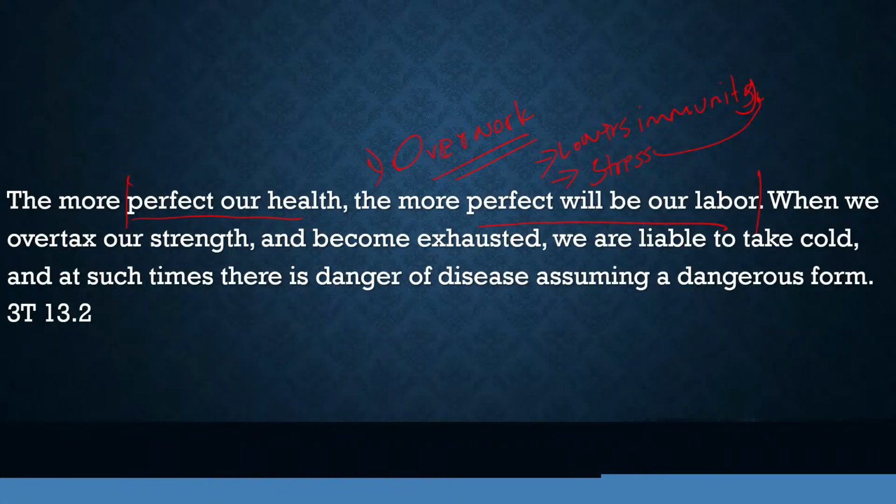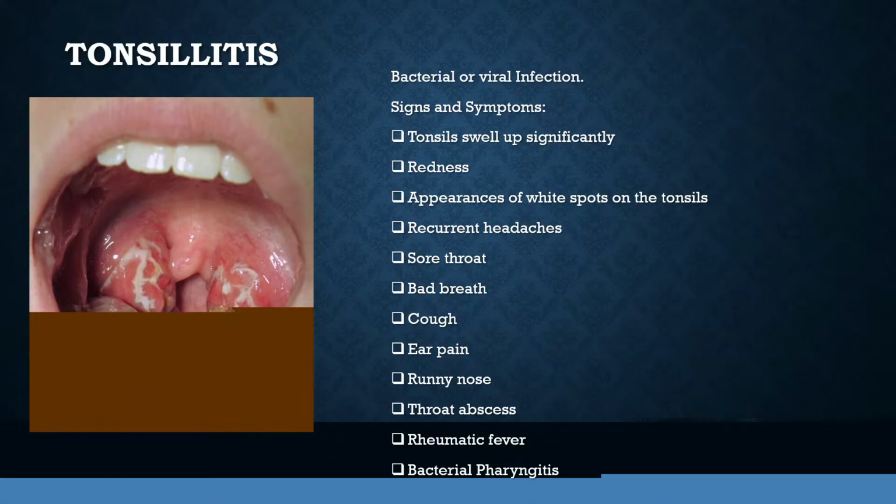So that is for colds and flus. I want us to look at another disease or another infection that is related to the upper respiratory system, and that is tonsillitis.